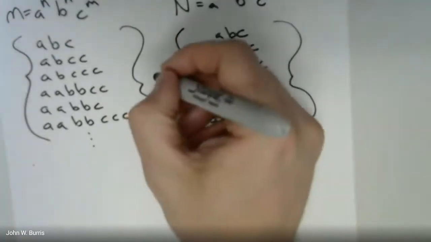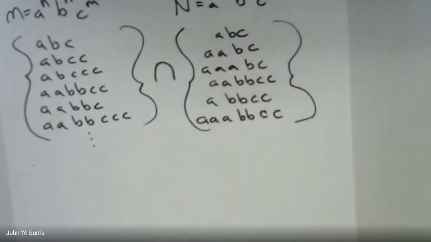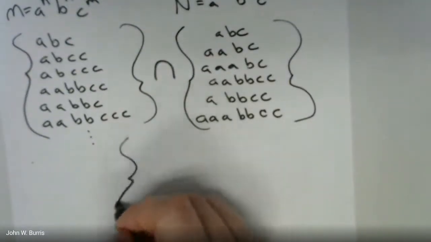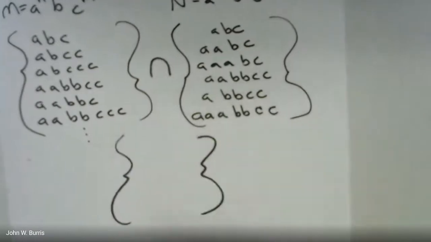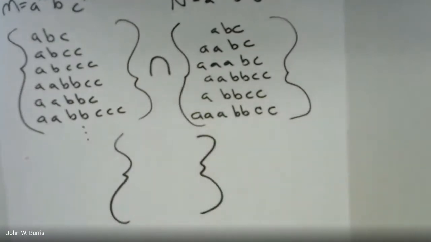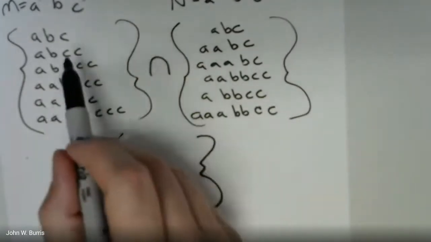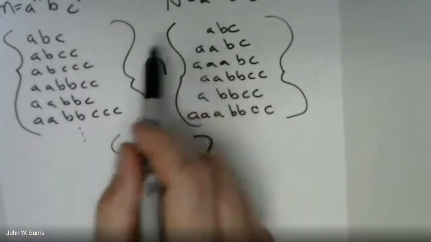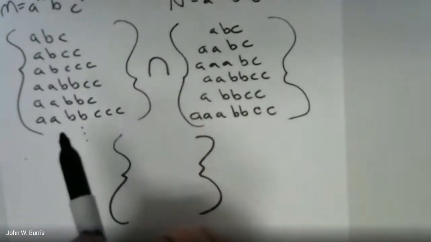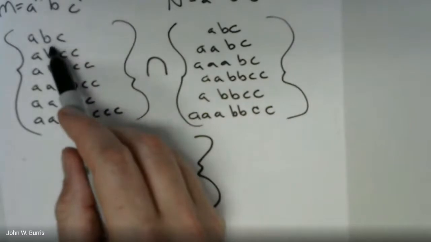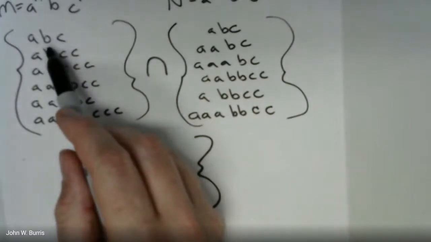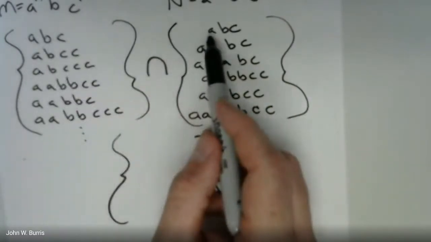So the question is what is the intersect of those two sets? And really, just check them. The intersect is if a string is in both of these sets. Is ABC a member of M? Yep. Is it a member of N? Yep.